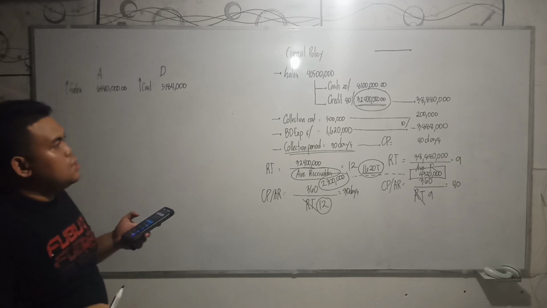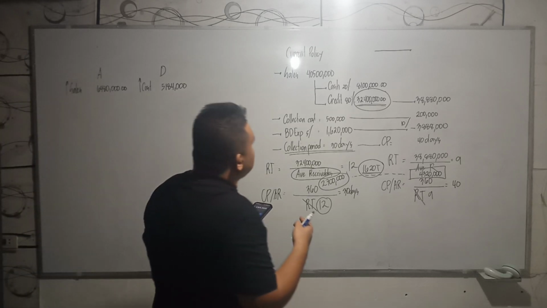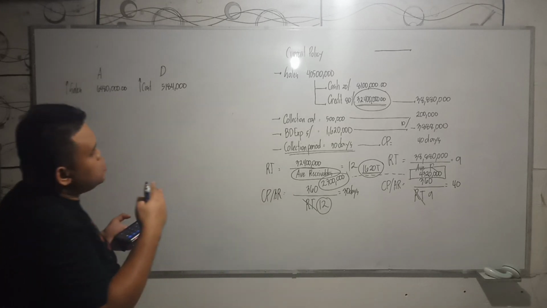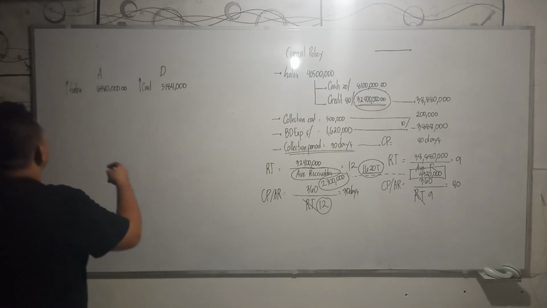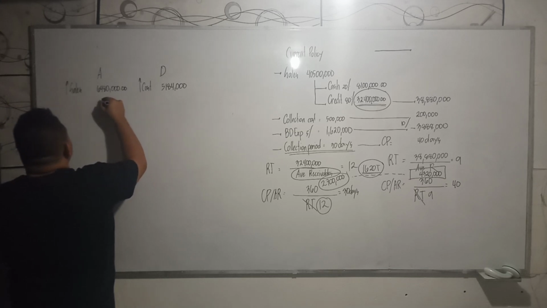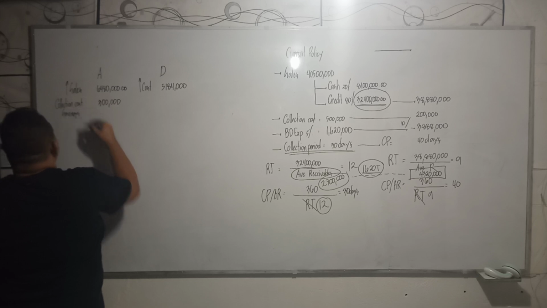Now, aside from the cost and aside from the sales, you have the collection cost. From 500, it became 200. So there is a net advantage of 300,000 in collection cost savings.